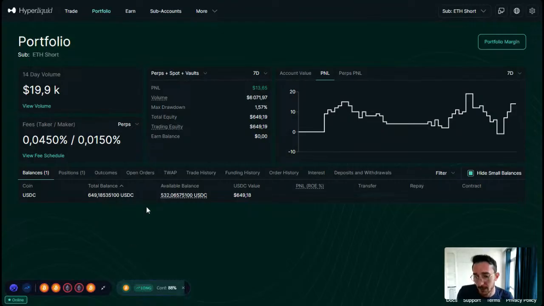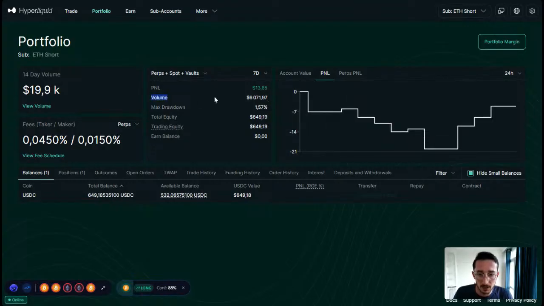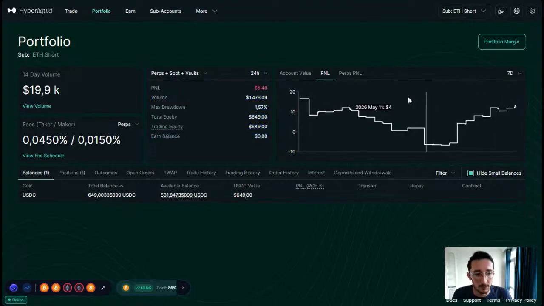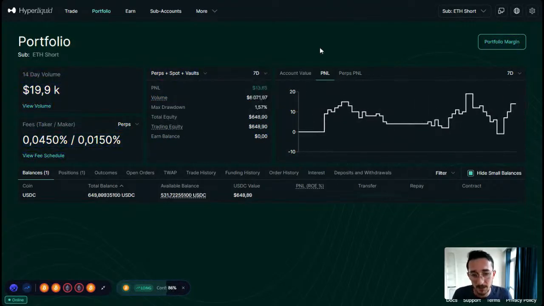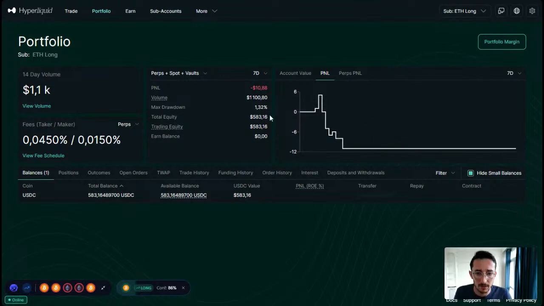I reduce the size from this one, and I put some of the money into the other bots to balance them. In 24 hours, it's a little bit down, but from 2 days ago, it's essentially flat. There's not much to see here. On the long one, there was no long on 24 hours or 2 days ago, so nothing changed. This one's pretty flat.